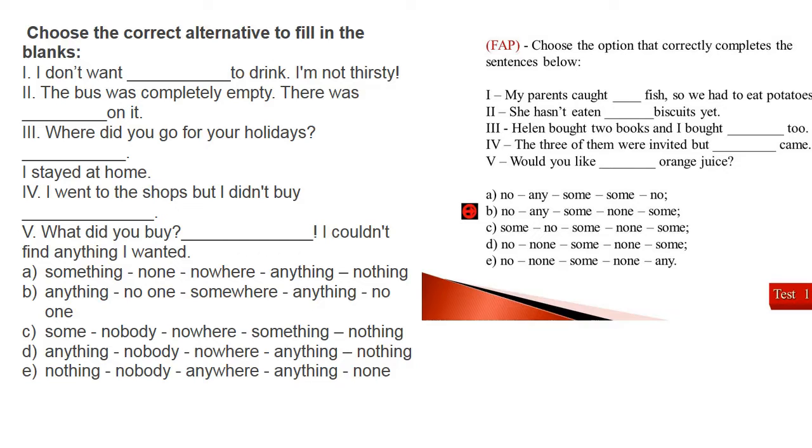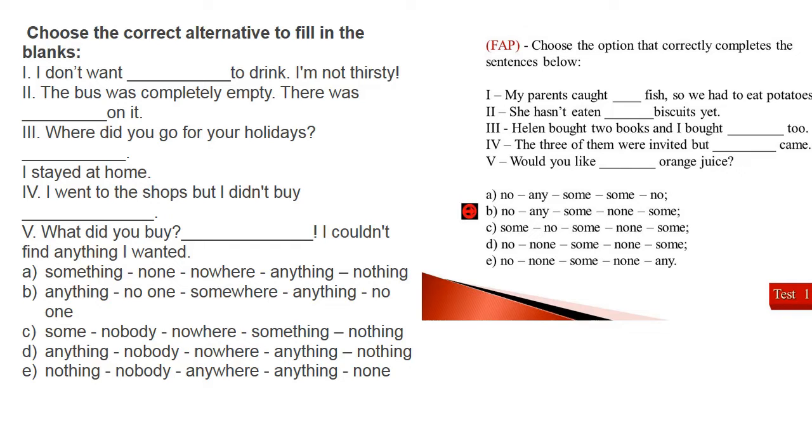Exercise 2. Choose the option that correctly completes the sentences below. 1. My parents caught fish, so we had to eat potatoes. The answer: my parents caught no fish, so we had to eat potatoes. 2.